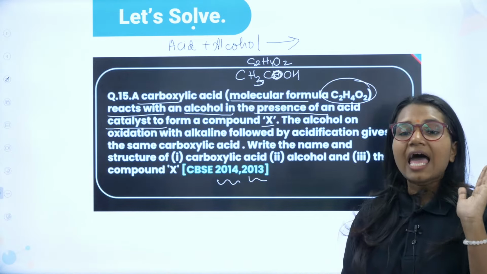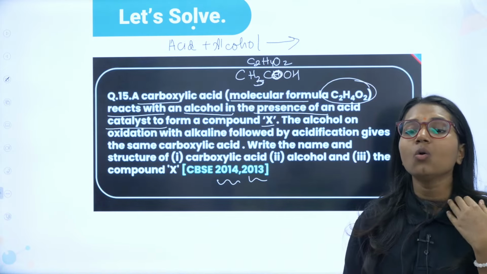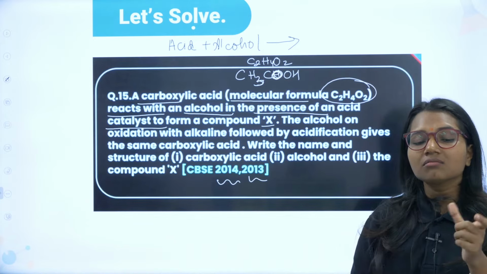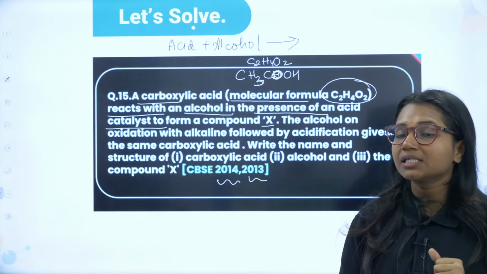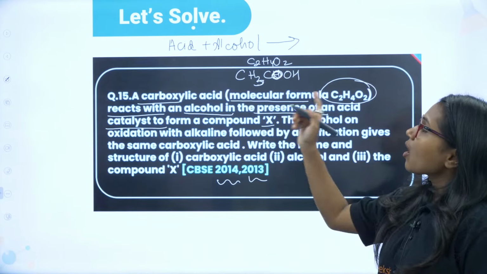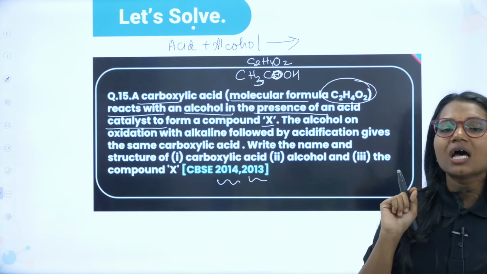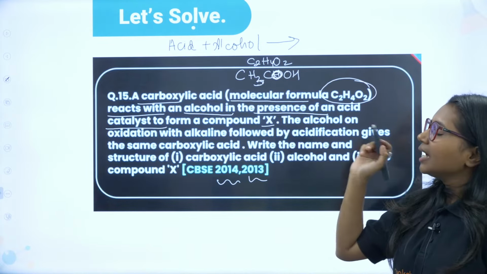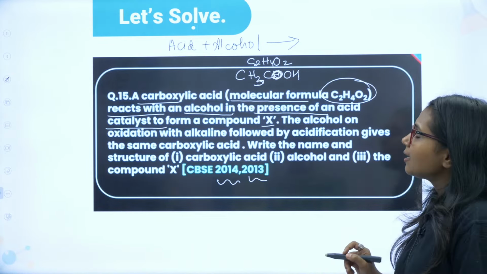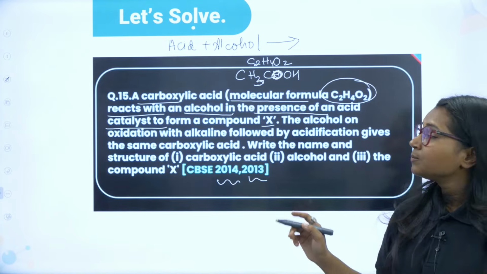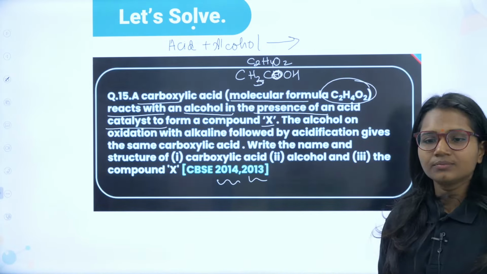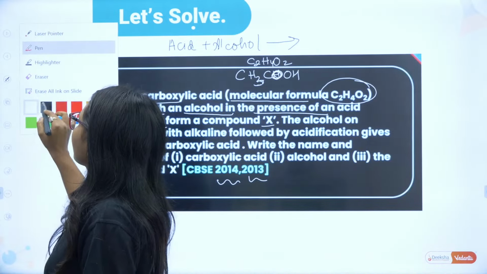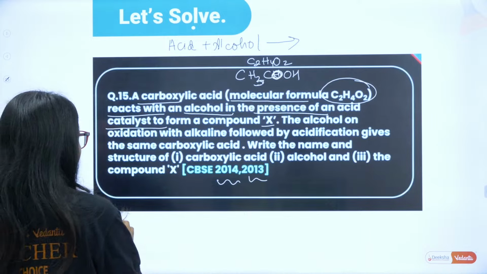See, again, they are changing the language of the question, but the concept is same. So, a carboxylic acid with the molecular formula C2H4O2, that compound is this. It is reacting with the alcohol in the presence of an acid to form compound X. Just by reading this much, we came to know here that there is a compound ether.